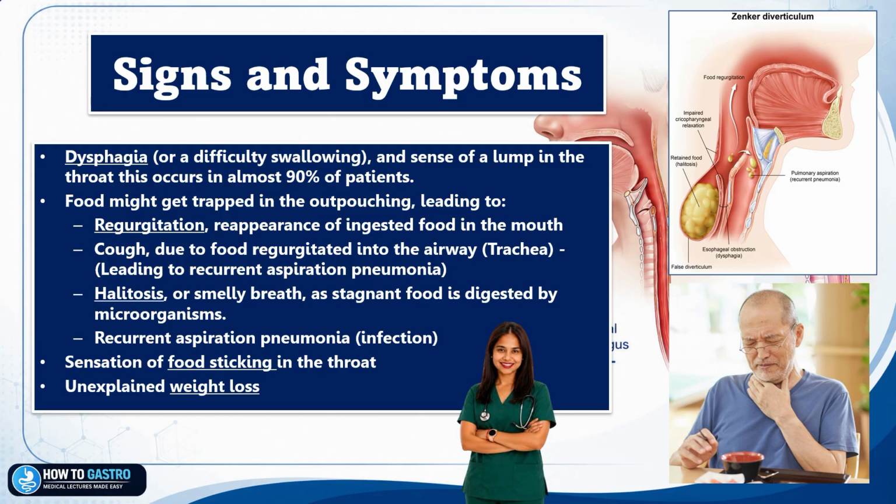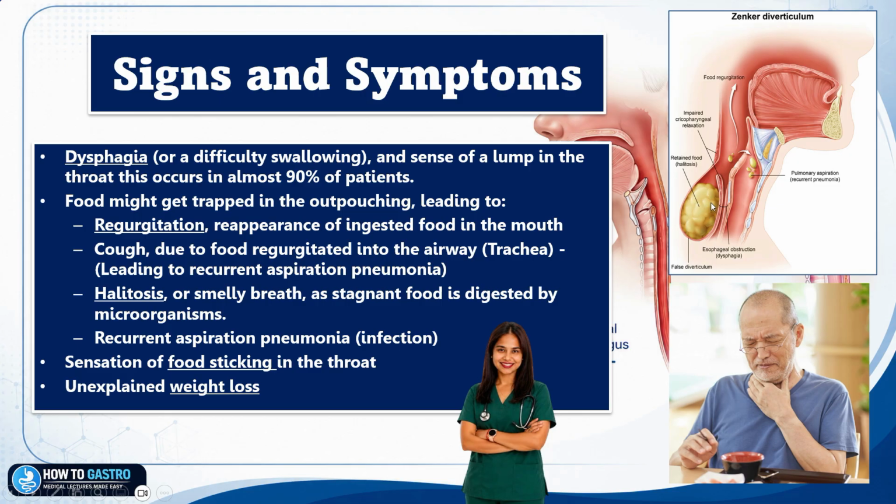The second most common sign is the food that gets trapped in the pouch. As we see here, this is the food collection that's occurring. This is quite a nasty process because this food will rot over time and then go on to cause even more disturbing signs and symptoms for this patient.